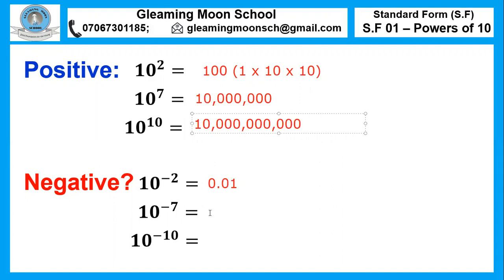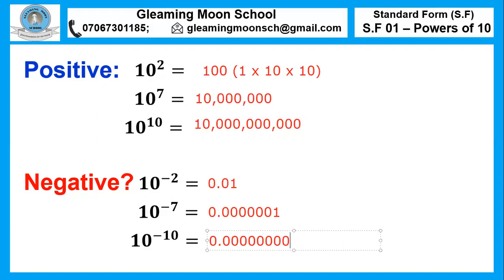Okay, and then for the negative one, we have minus 7, so we start with 7 zeros. That's your number 1, 0, decimal point, 2, 3, 4, 5, 6, 7, and then you put 1. Okay, and then for 10 raised to the power of minus 10, start with your first 0, decimal point, 2, 3, 4, 5, 6, 7, 8, 9, and 10.